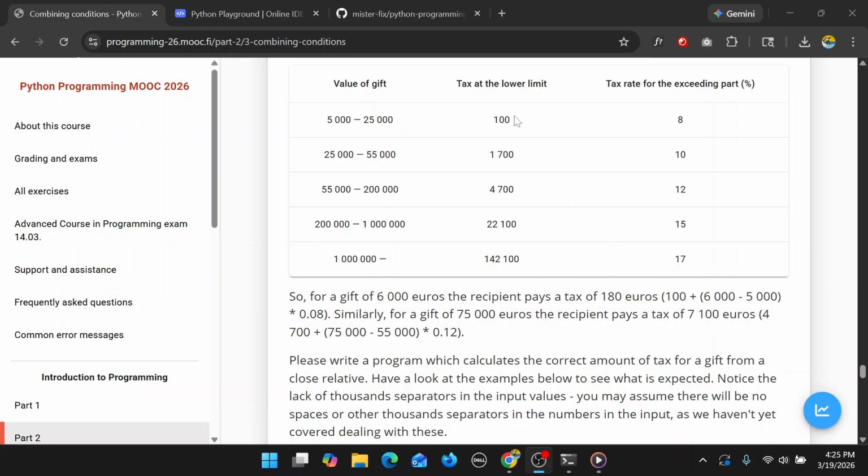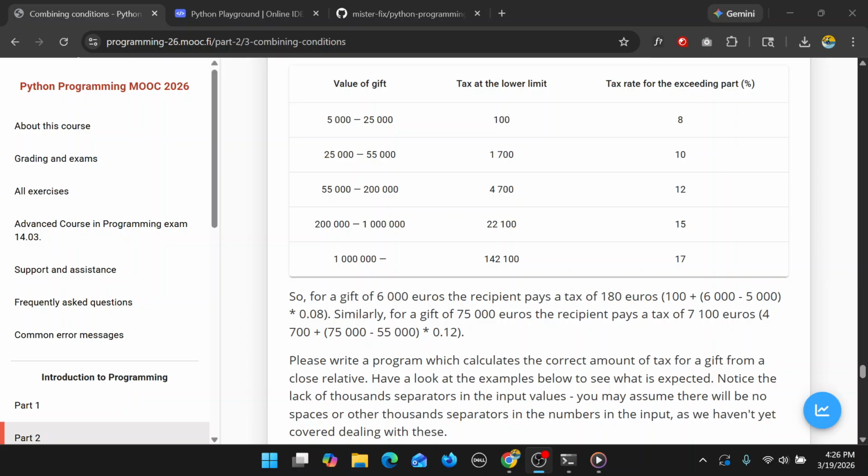So we have 100 plus the actual value minus the lower limit in this bracket, the bracket that the value falls under, which is 5,000, times the exceeding tax rate, which is 8%.